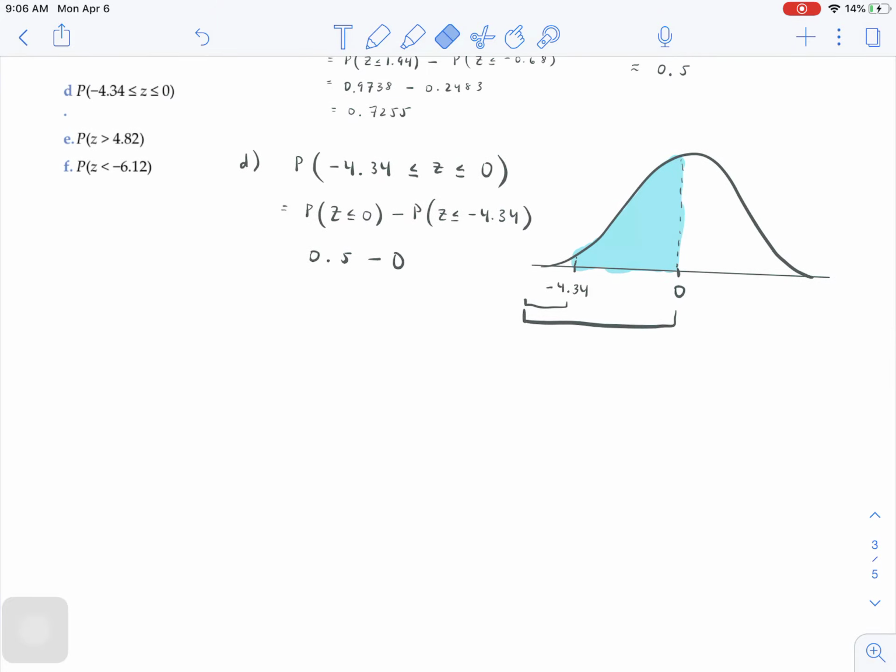Since I'm approximating, I'll put my approximately equal sign here. 0.5 minus 0 is just 0.5. So the area in between negative 4.34 and 0 is about 1/2 or 0.5.